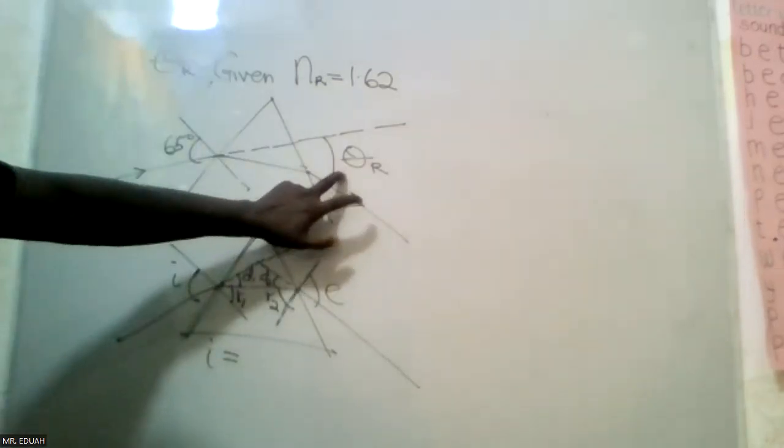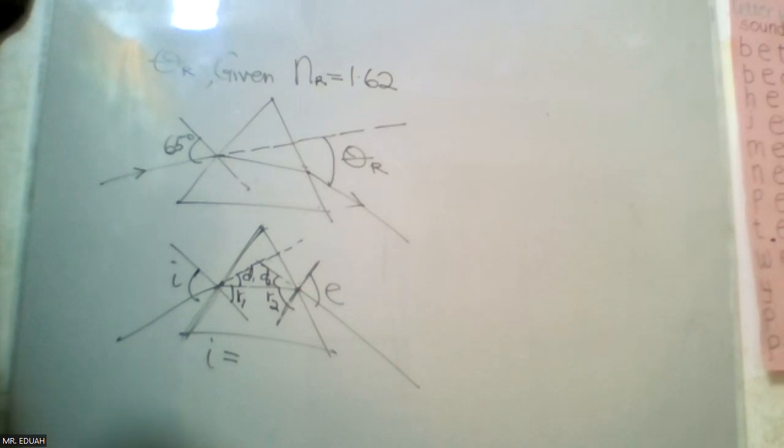I'm not referring to the diagram. I'm only drawing it for one light. I haven't drawn for the blue light, only the red.